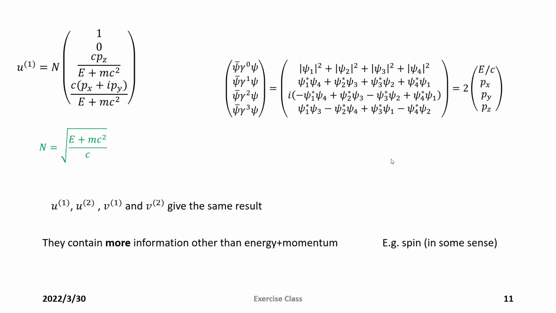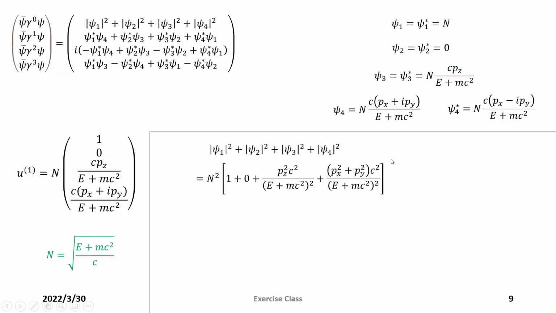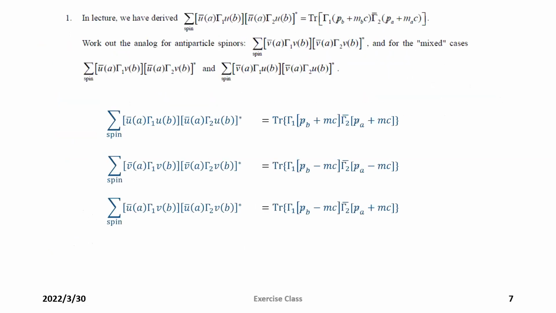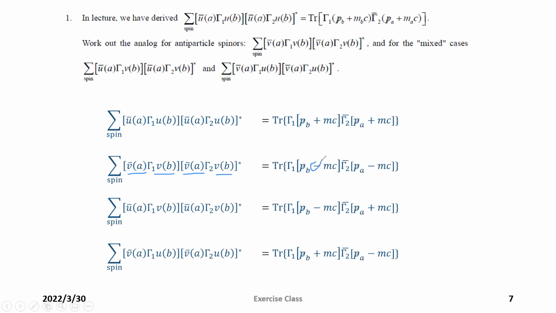Next case. Let me do it more clearly so you can see that here particles A and B are all antiparticle spinors, so all of them are replaced by the minus sign.